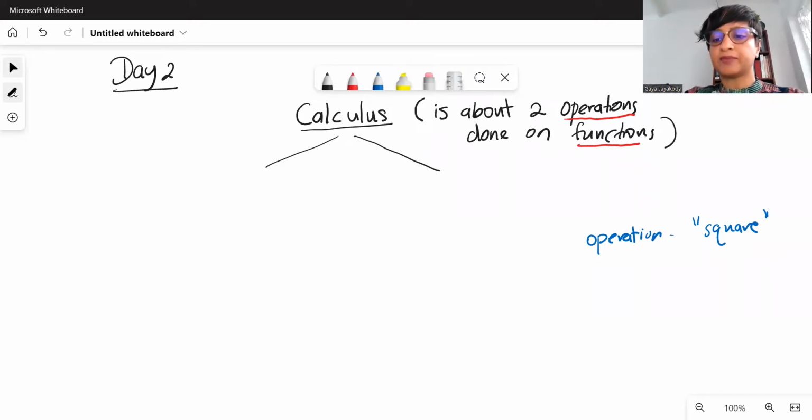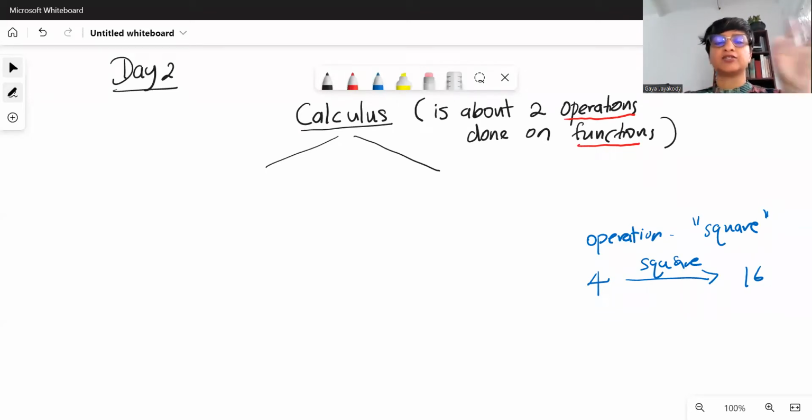You can take a number, 4, and you square it. 4 squared, you get 16. You start with one number, you do an operation on it, you square it, you get another number, 16.